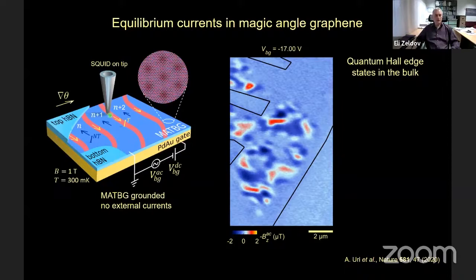In the monolayer graphene, we used the tuning fork in order to oscillate the tip to create this direct imaging of the current, which works very well, but it has one disadvantage. If you oscillate your tip in the X direction, you can image the Y component of the currents. You cannot image the X component of the current. So what we did here, instead of moving the tip relative to the edge states, we now apply a small AC voltage on top of a DC voltage on the backgate, and now we move the strips themselves relative to the tip.